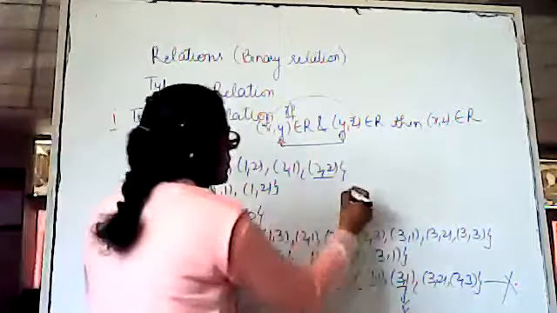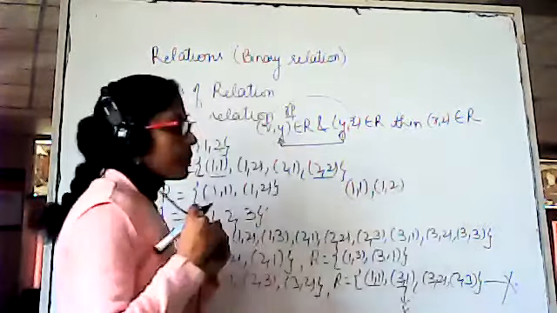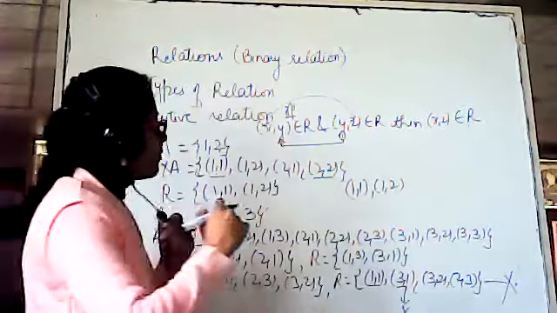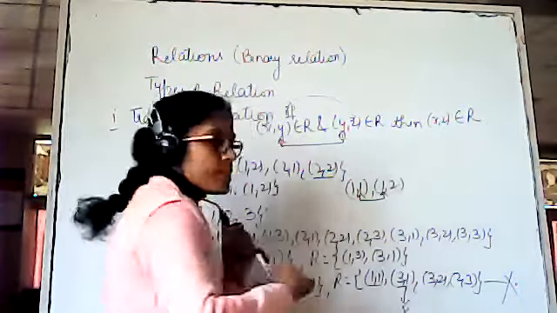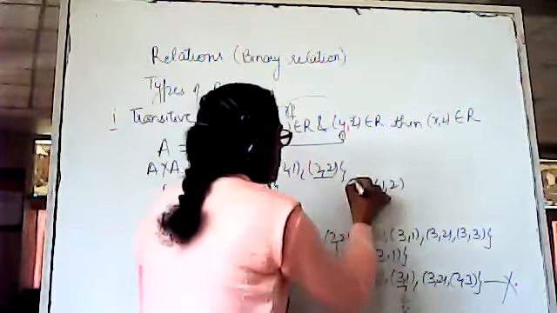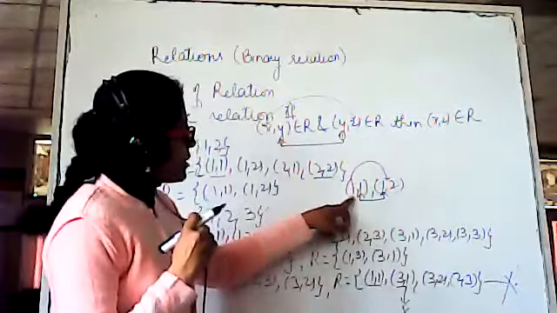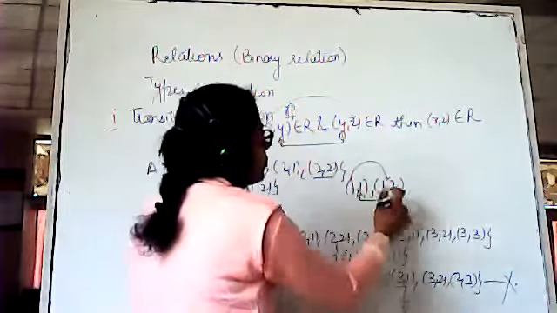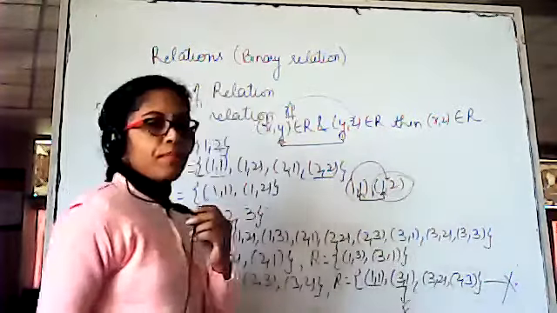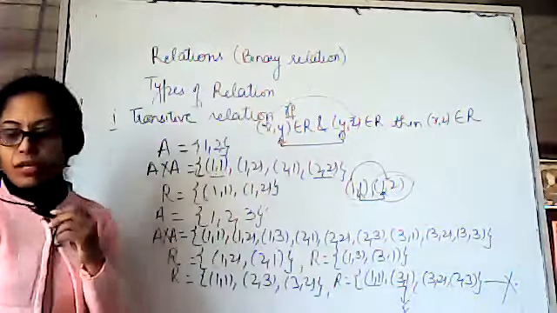See, we are having the elements 1, 1 and 1, 2. Now this position and this position is same. तो merge होके क्या बनेगा, ये 1, 2. First element from first ordered pair and second element from last ordered pair. 1, 2. तो 1, 2 तो already है यहाँ पे. तो इसलिए this relation is transitive relation.